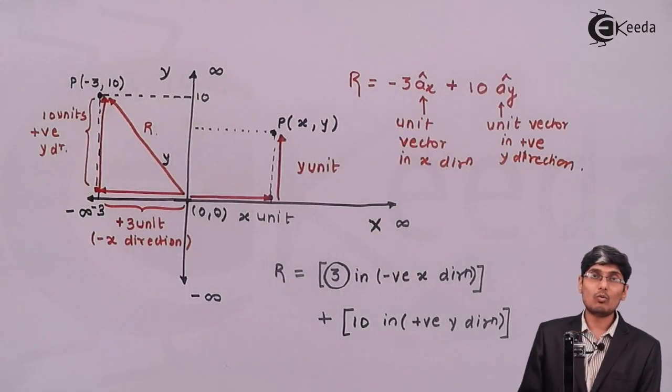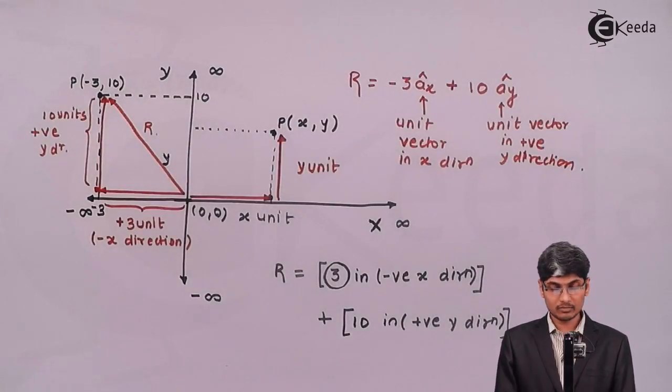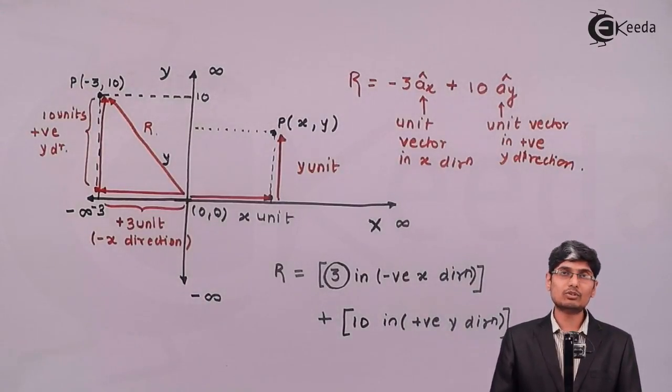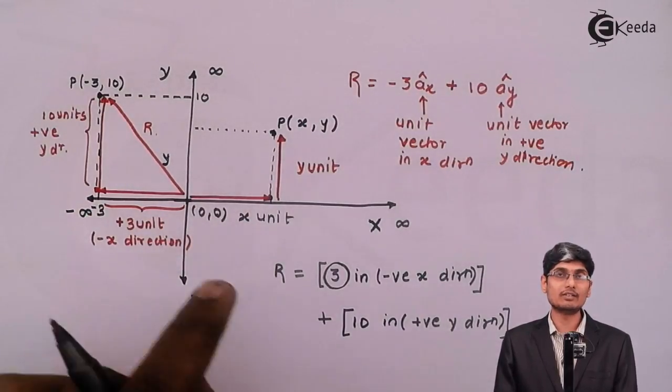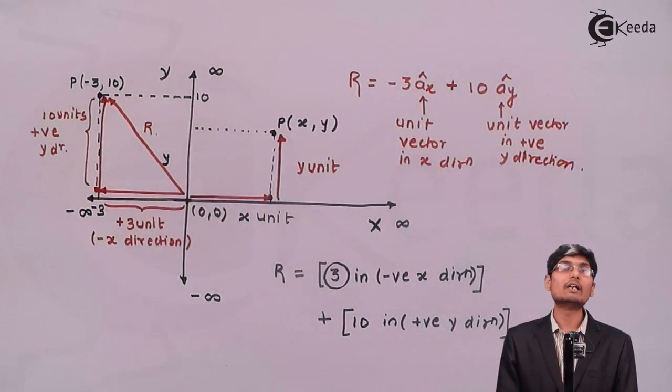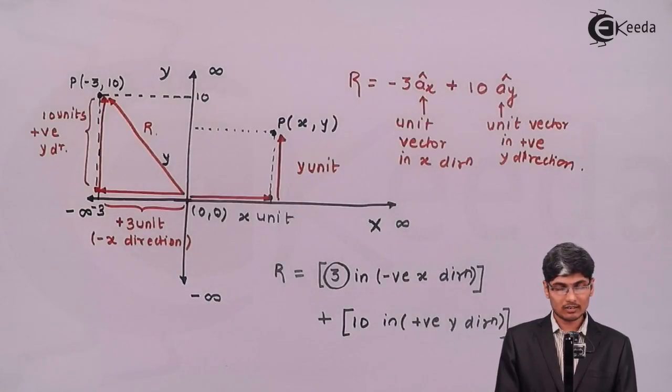Understood? So one resultant vector R in a coordinate system can be decomposed into 2 components. One is in the x direction, one is in the y direction. This is called decomposition of a vector into its normal components. As you can see here, I am using a word called normal components.